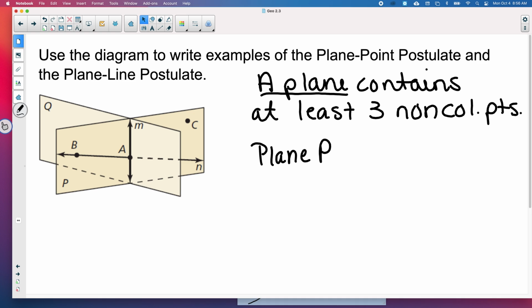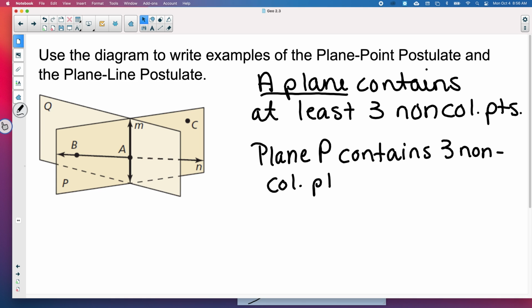So you would say plane P contains 3 non-collinear points in plane P. Can you tell from that picture?